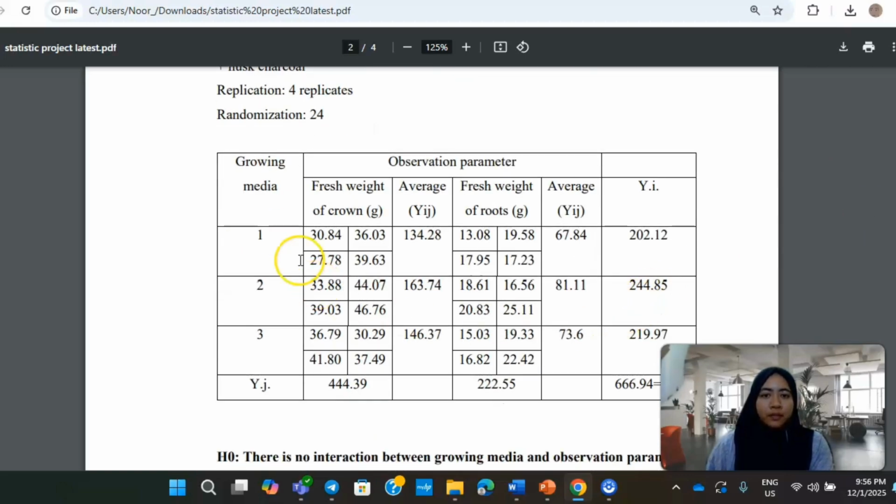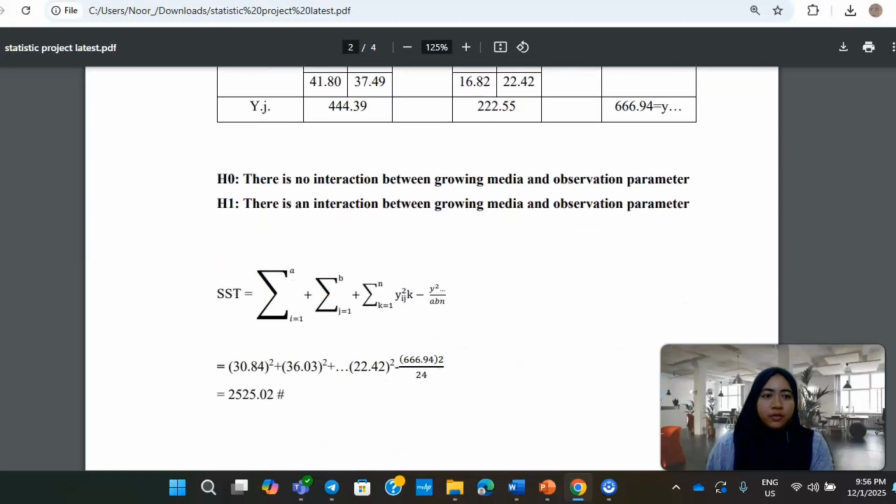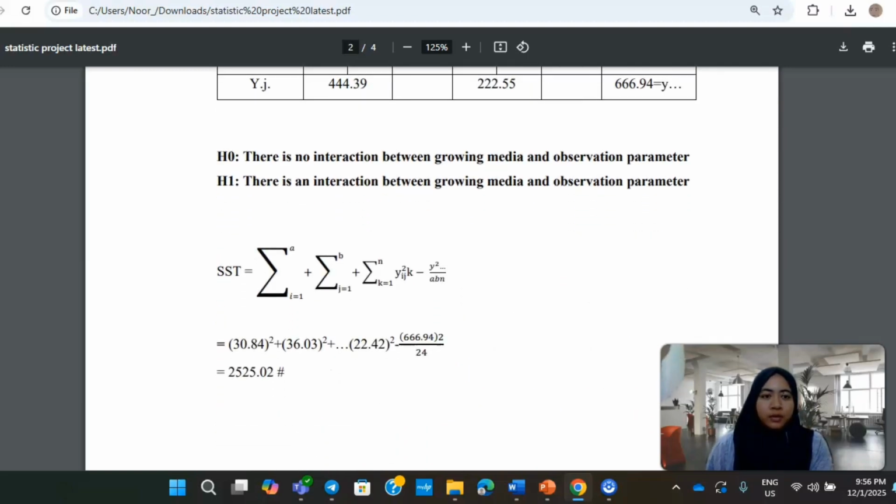So there are results provided in this case study. For this case study, we have two hypotheses. The null hypothesis is there is no interaction between growing media and observation parameter, and hypothesis 1 is there is an interaction between growing media and observation parameter.